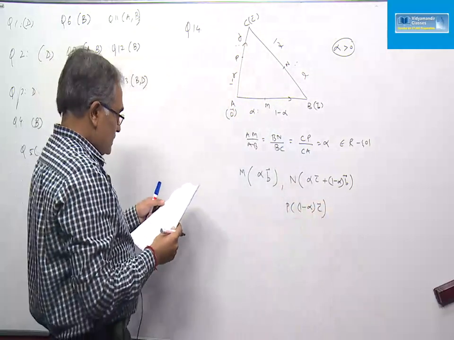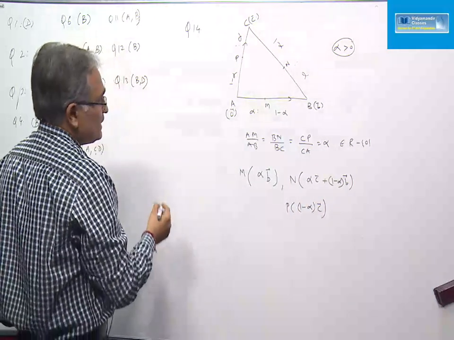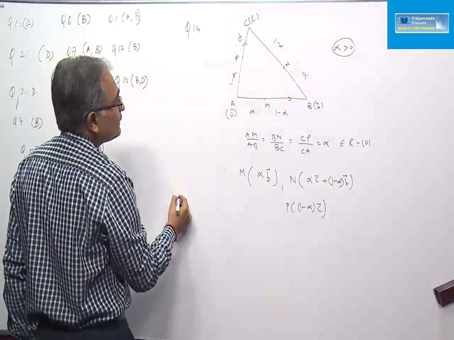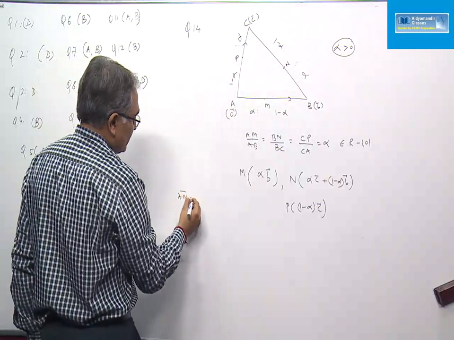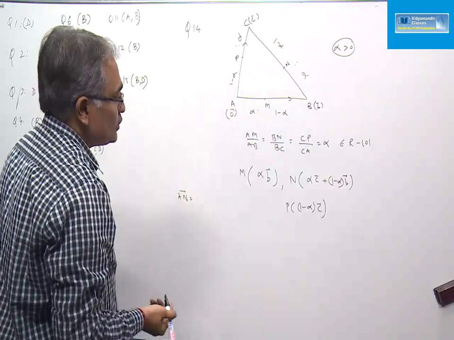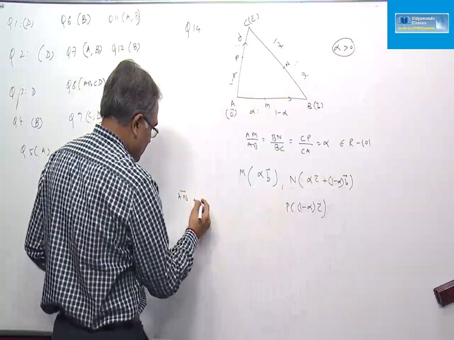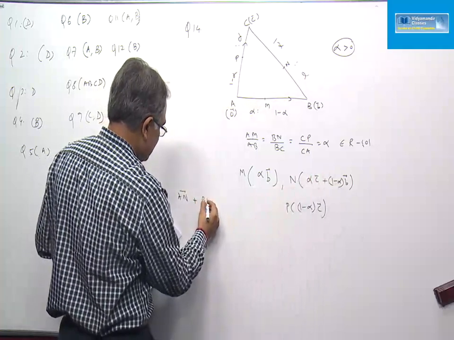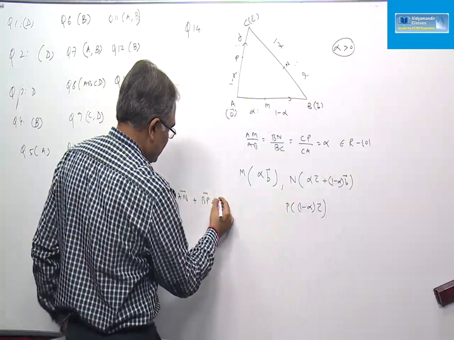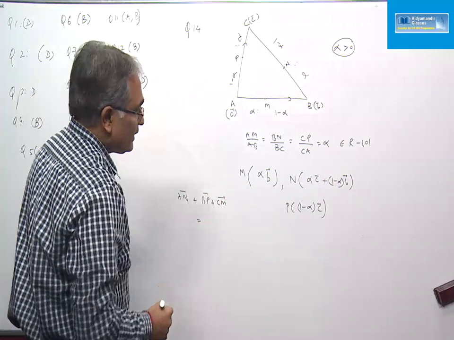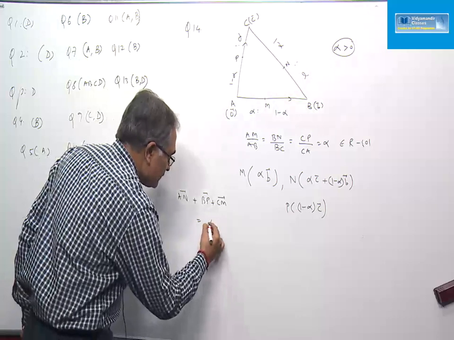Now coming to the options, AN vector plus BP vector plus CM vector. AN vector is the position vector of N only, that is alpha c plus 1 minus alpha b.